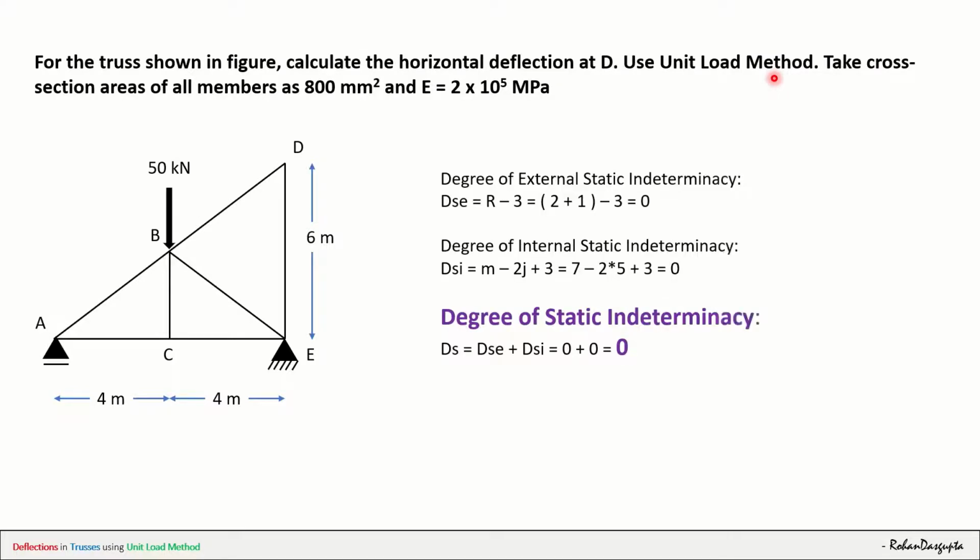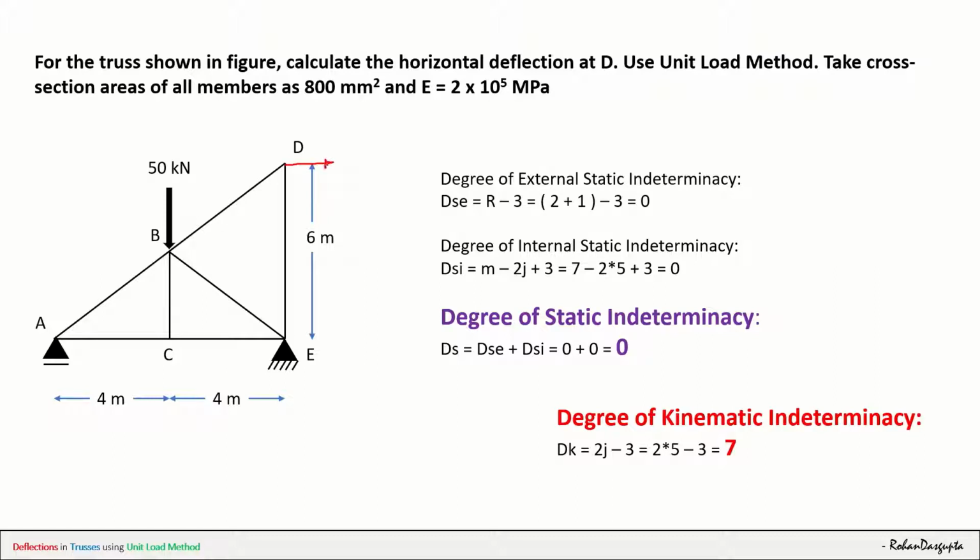So just see that this is a statically determinate structure, because the degree of external static indeterminacy and degree of internal static indeterminacy are 0. So therefore the total degree of static indeterminacy is 0. However, if we see the degree of kinematic indeterminacy, we will see that the value is 7. So let us see what those 7 indeterminacies are kinematically.